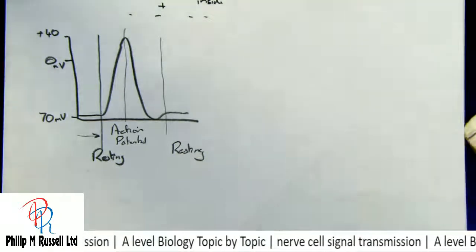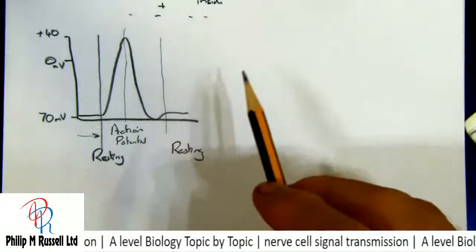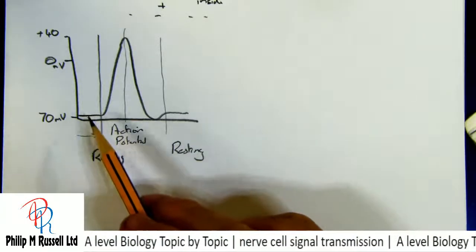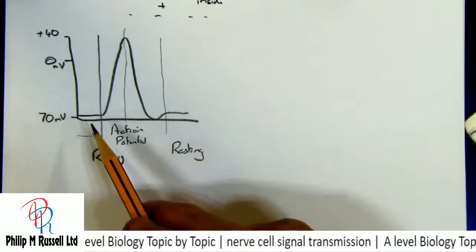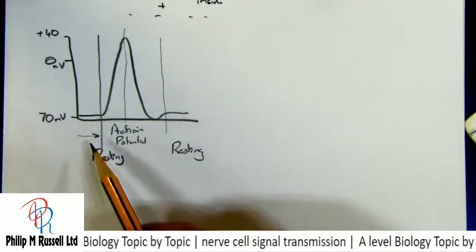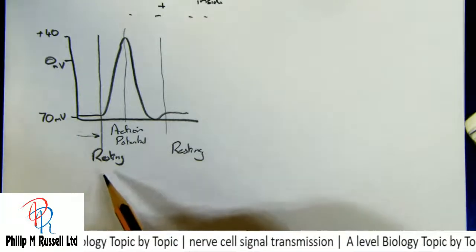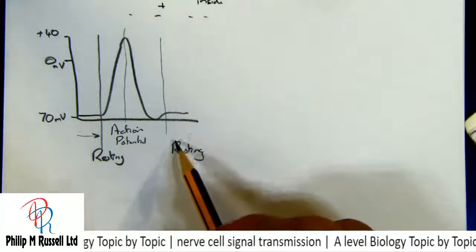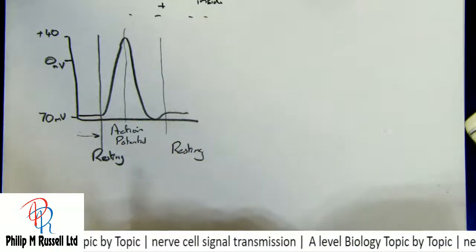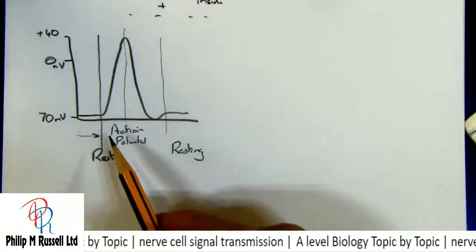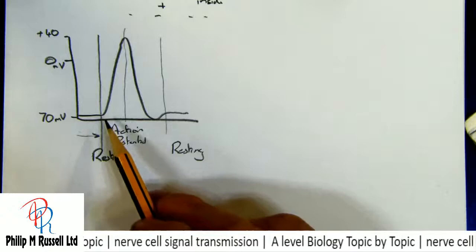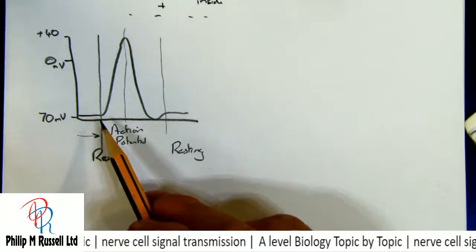So let's have a look then. Our neuron has a resting potential, it's not transmitting an impulse. Some of the potassium ion channels are open. These are not the voltage gated ones, and we know our sodium voltage gated ones are shut. The energy of the stimulus triggers some sodium voltage gated ion channels to open.